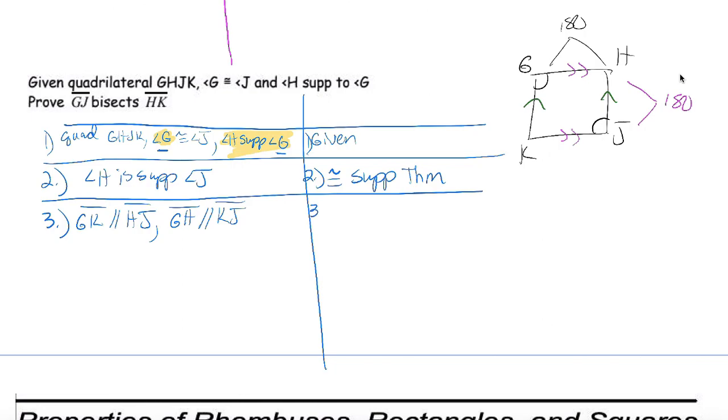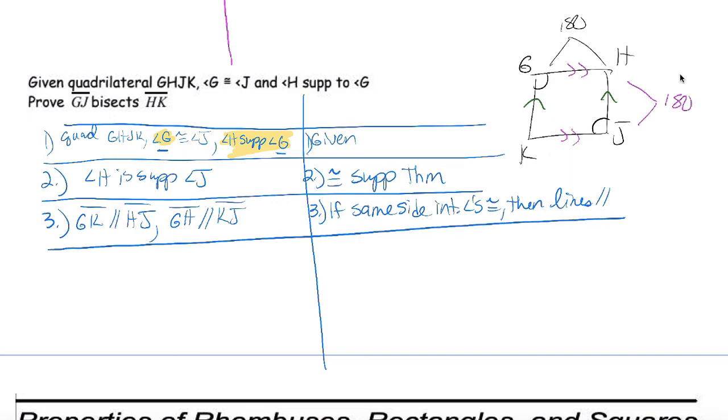And I'm going to say if same side interior angles congruent, then lines parallel, or the same side interior angles converse, if you want to use the title.